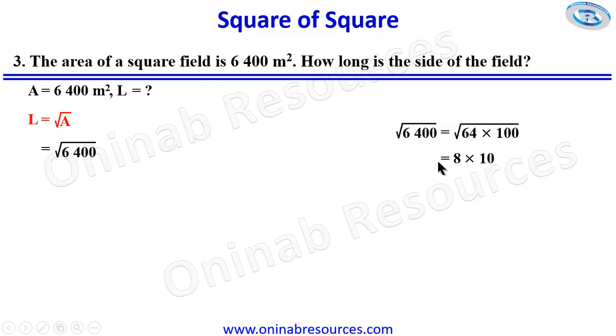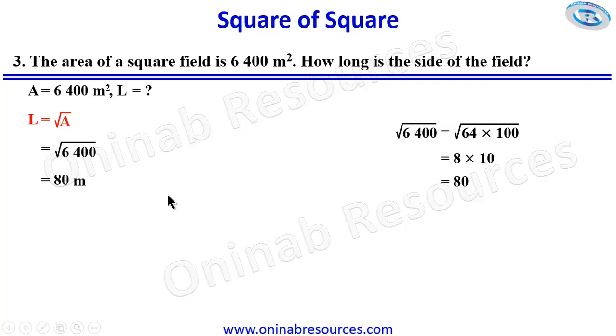So we find the product of 8 and 10 to give us 80, which means the square root of 6,400 is equal to 80, representing the length as 80 meters. So that's all for the length of the field.